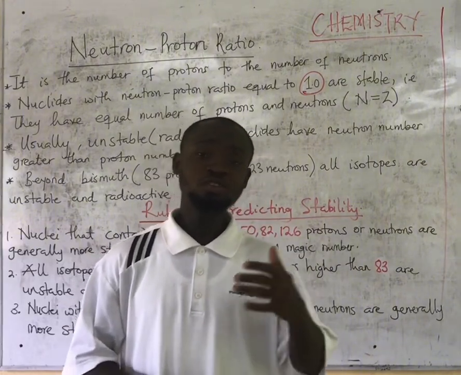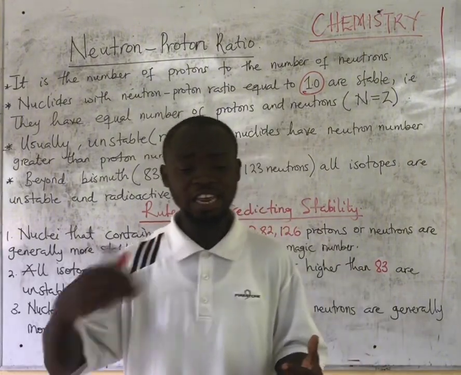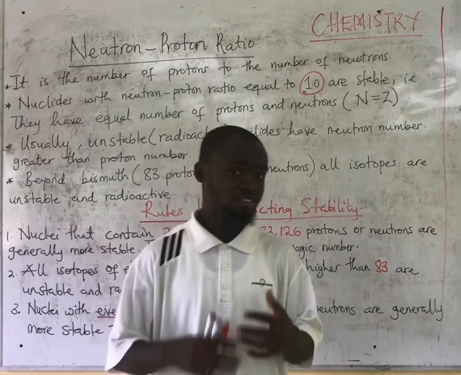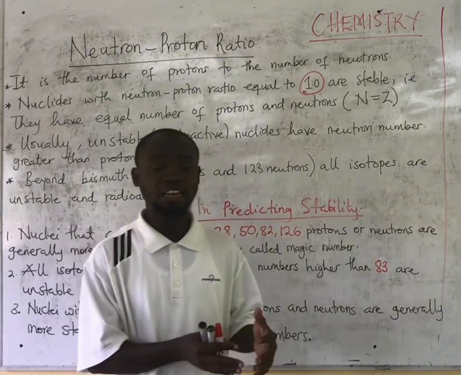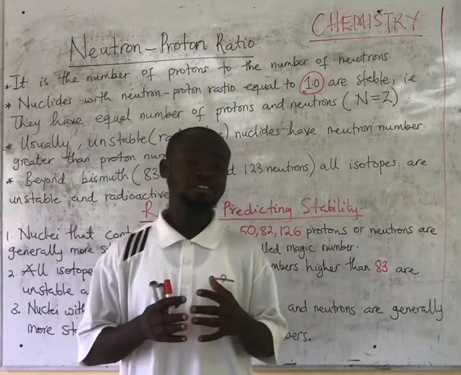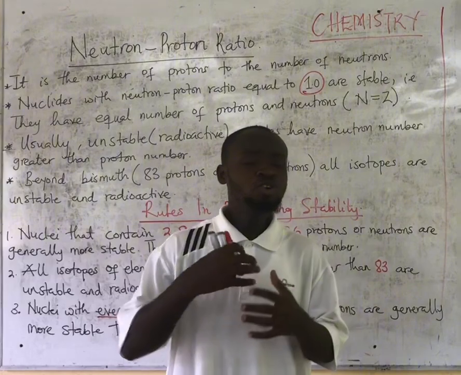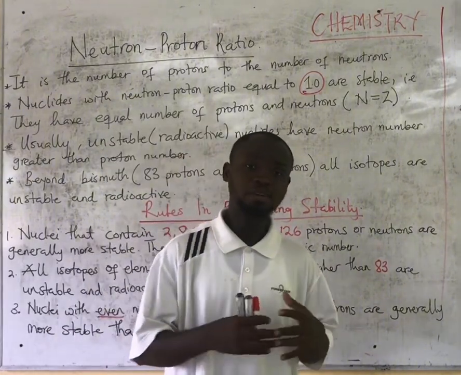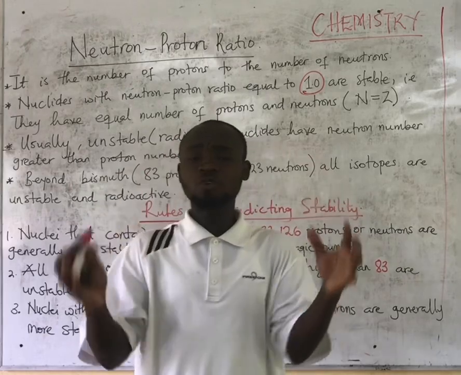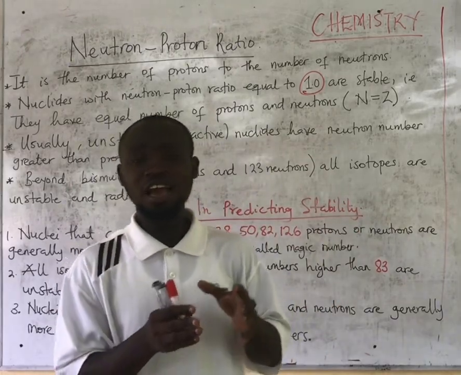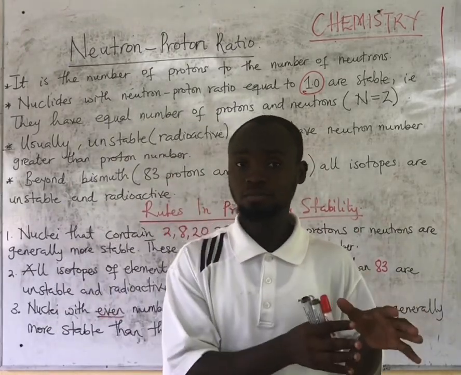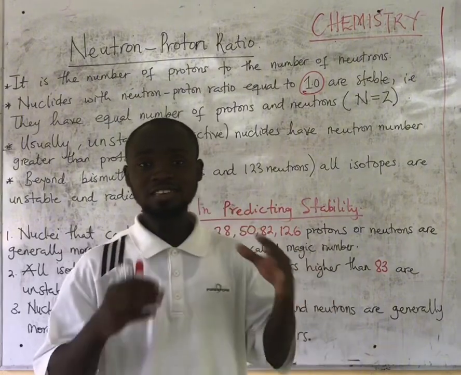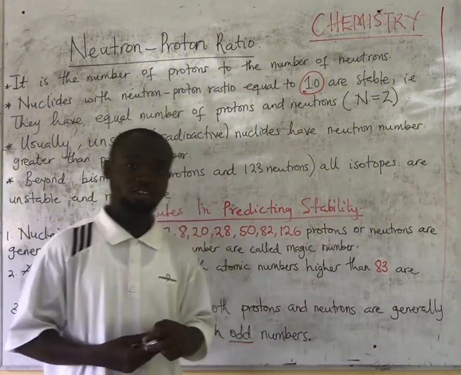So these magic numbers correspond to the filled nuclear shells, and nuclei with these magic numbers tend to have the nuclear force attraction arranged in a stable manner, which indicates stability of that nucleus.